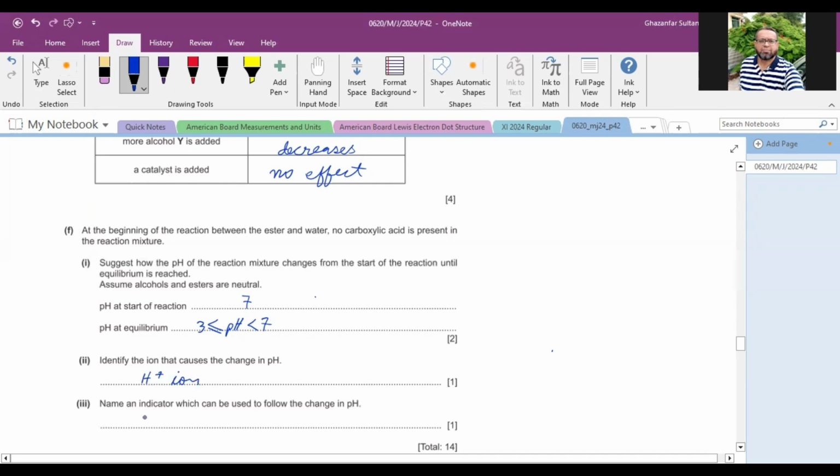They just show the change around a particular pH point. So if we want to observe the pH change, then we use pH paper, which mainly comprises universal indicator. And remember that universal indicator is a mixture of different indicators that show the change in pH at every point. So we use universal indicator.